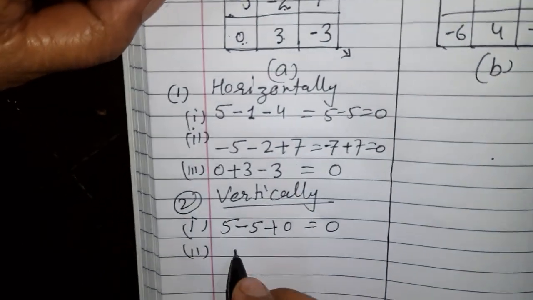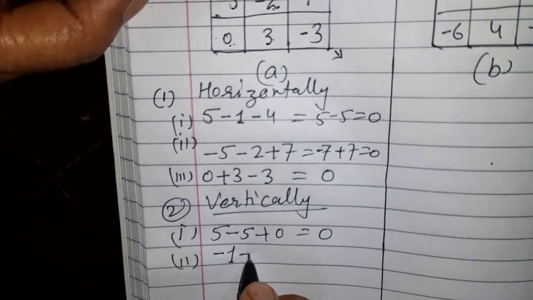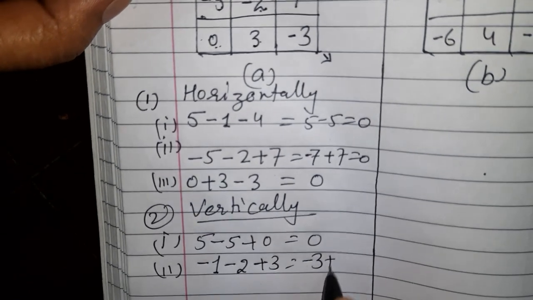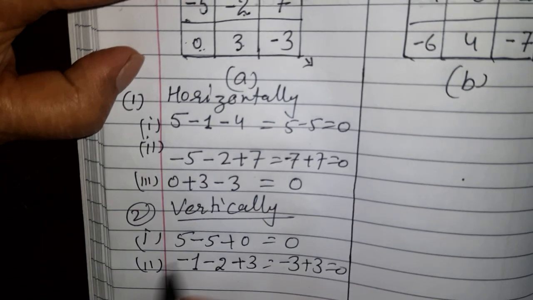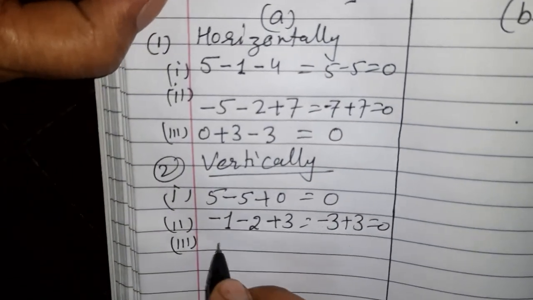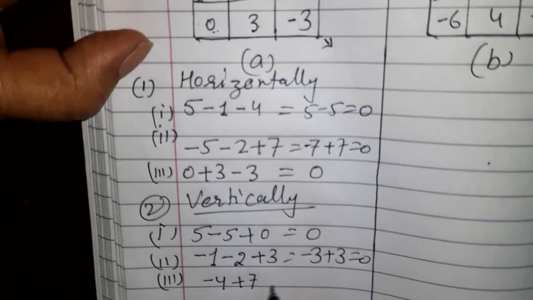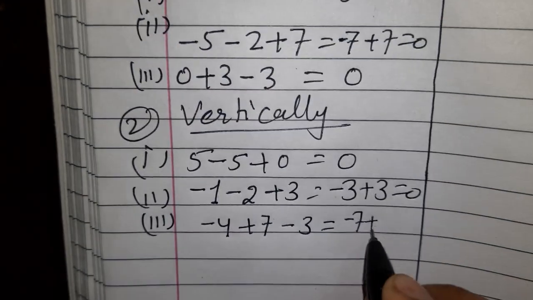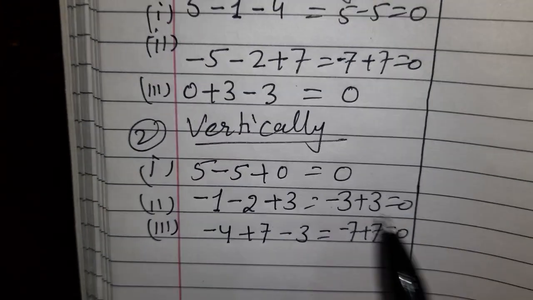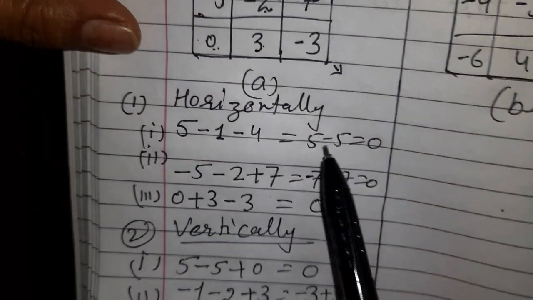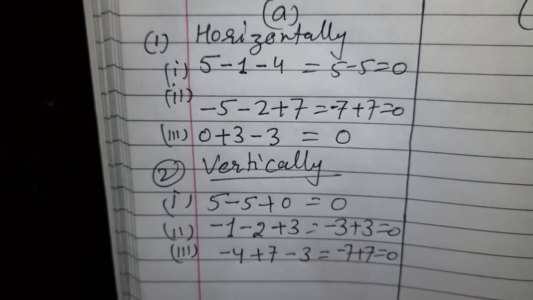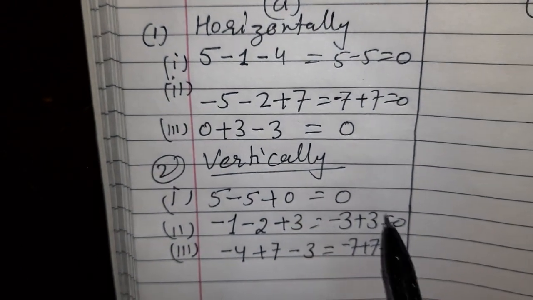Second, minus 1 plus minus 2 plus 3 is minus 3 plus 3, that is 0. Now add minus 4 plus 7 plus minus 3, that is minus 7 plus 7, 0. So when you add horizontally you get answer 0, and when you add vertically, answer 0.